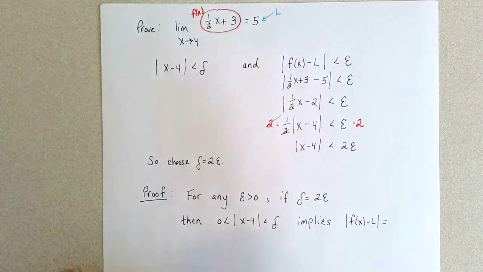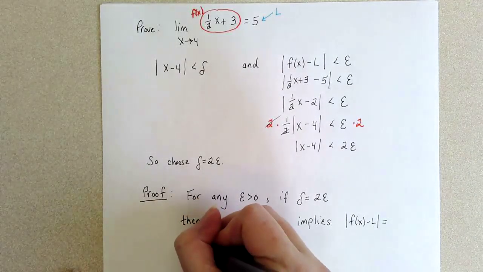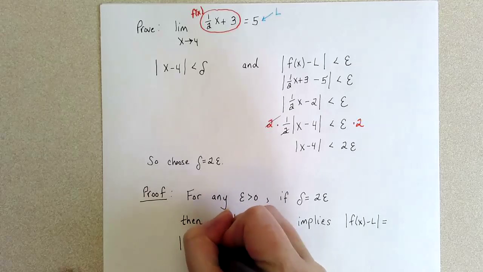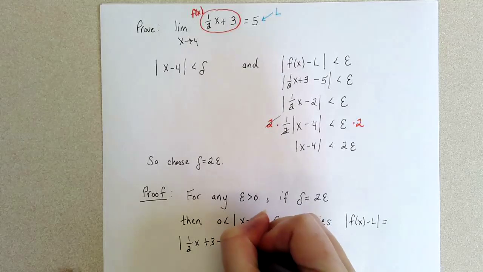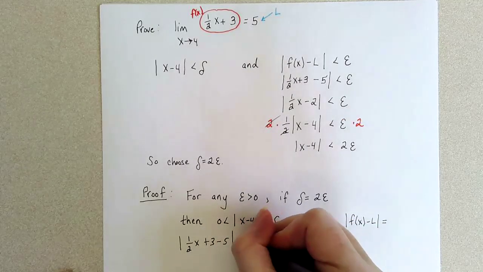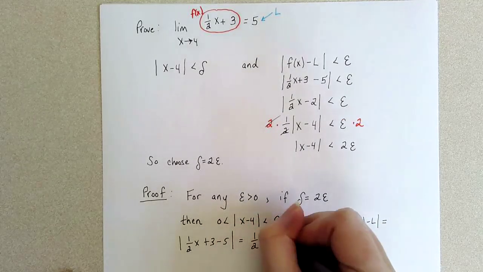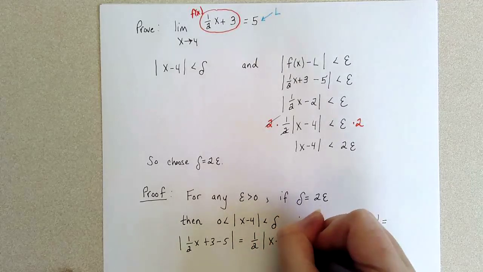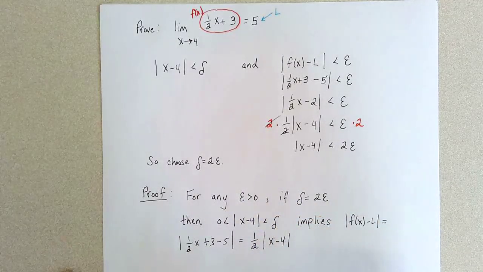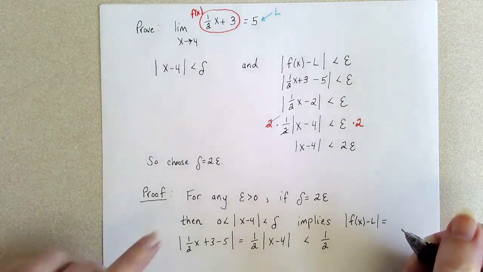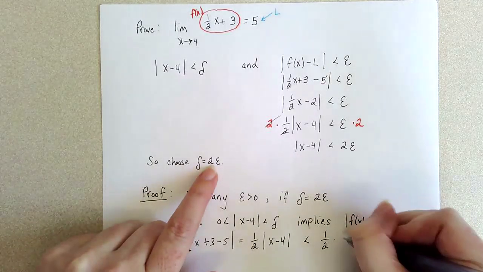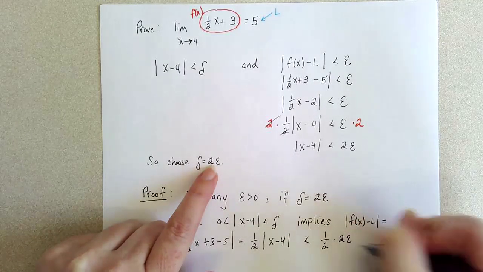So I'm plugging in what we put down in our steps earlier up here, the 1/2 x plus 3 minus 5. And when we simplified that, that became 1/2 times the x minus 4. And at that step, I can go ahead and say that that's less than 1/2 times our delta value, which is going to be the 2 epsilon.